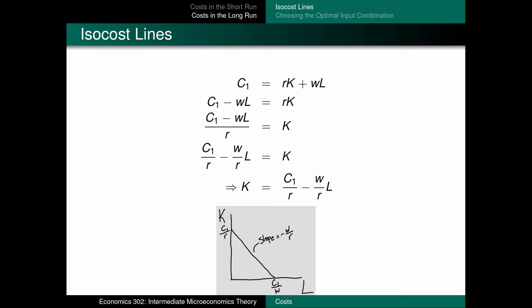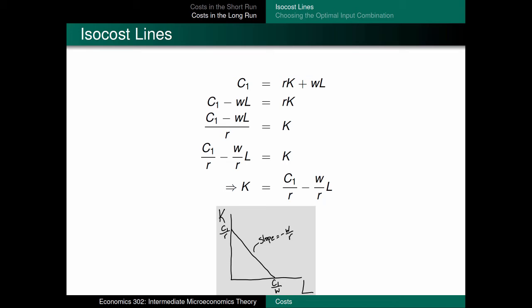If we have a particular cost target, C1, which is just a number, then C1 equals R times K plus W times L. We want to isolate K, so let's move WL to the left-hand side to get C1 minus W times L equals R times K. Next, let's divide both sides by R so that we get C1 minus W times L divided by R equals K. We can rewrite this equation as C1 divided by R minus W divided by R times L equals K. Arranging the K to be on the left-hand side gets the final equation from the previous slide.